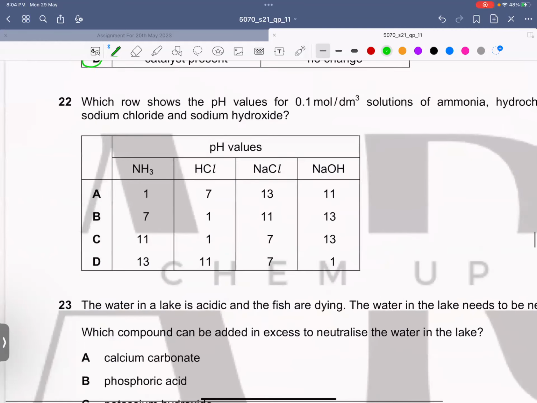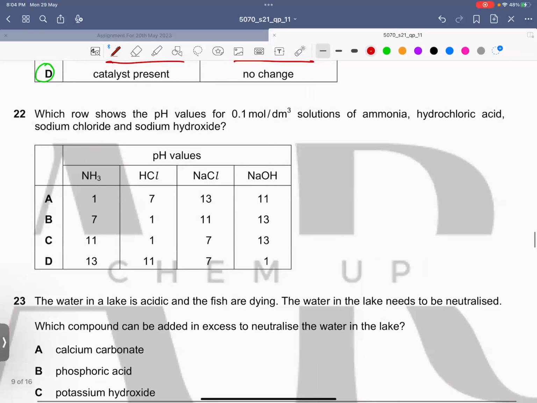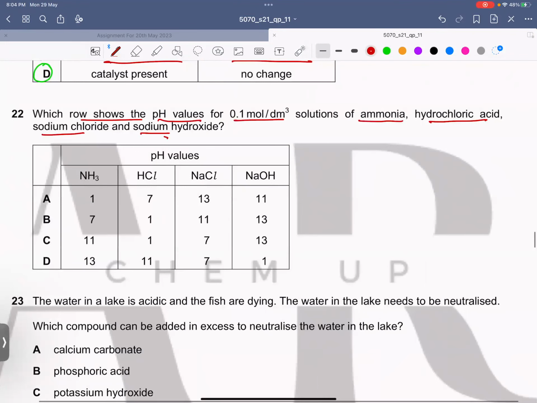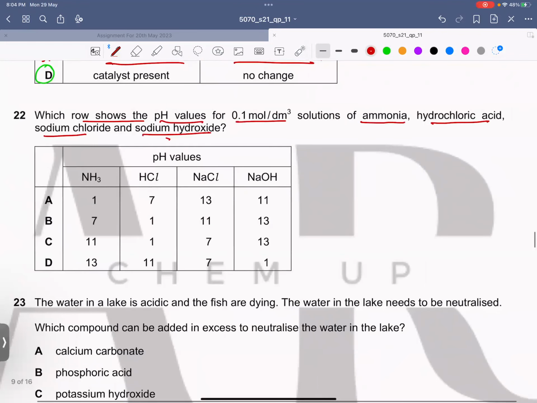22. Which row shows the pH values for 0.1 mol per dm³ solutions of ammonia, hydrochloric acid, sodium chloride, and sodium hydroxide? If you recall, ammonia is a weak base, hydrochloric acid is a strong acid, sodium chloride is a salt, and sodium hydroxide is a strong base. Being a strong acid, hydrochloric acid's pH would be closer to 1.